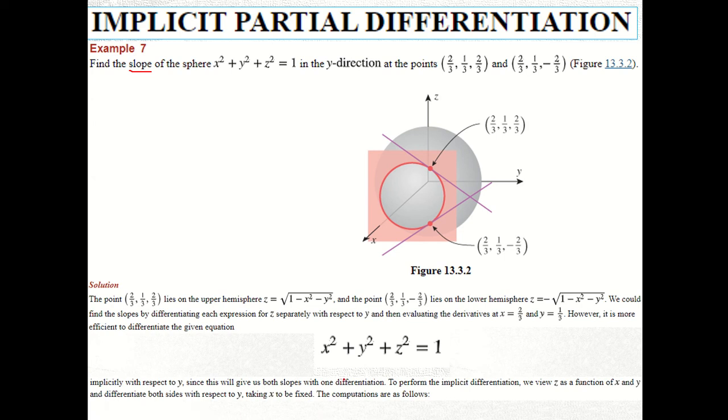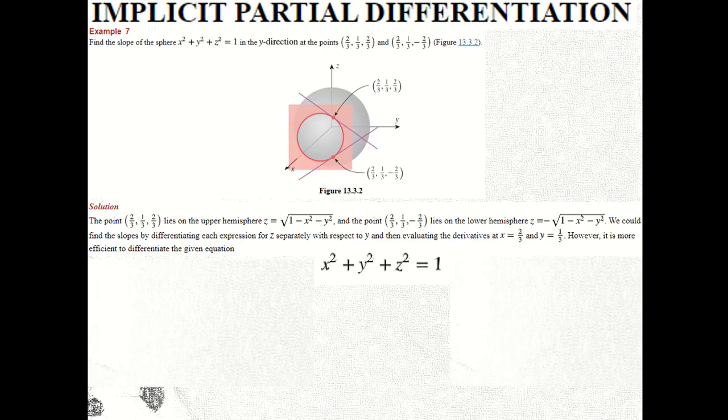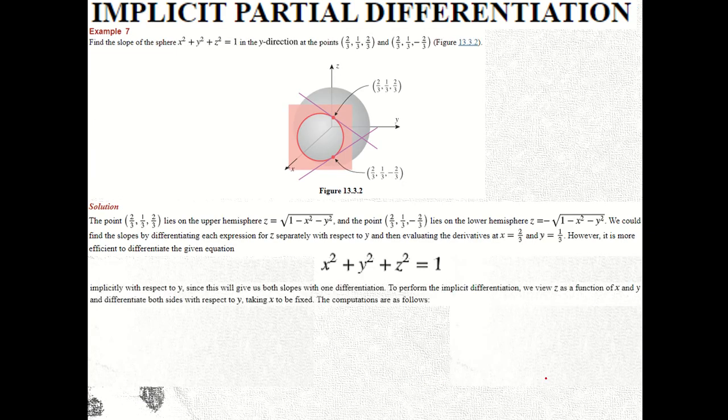So differentiating both sides with respect to y, we're going to hold x as constant. Differentiating partially both sides of the implicit function, we hold x as constant.